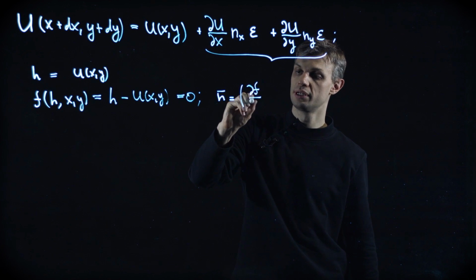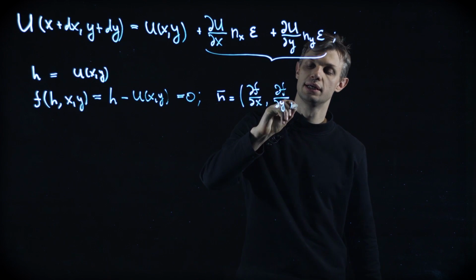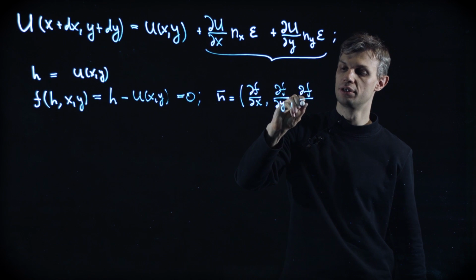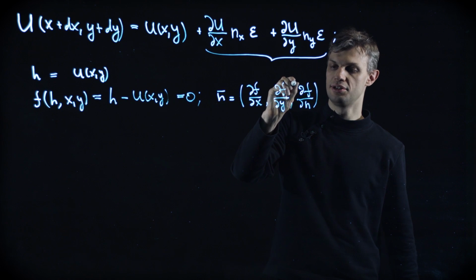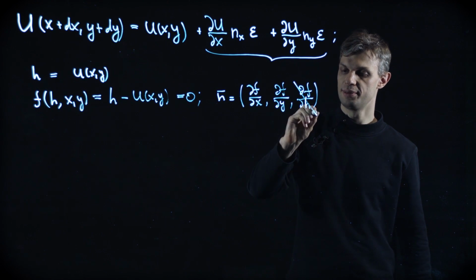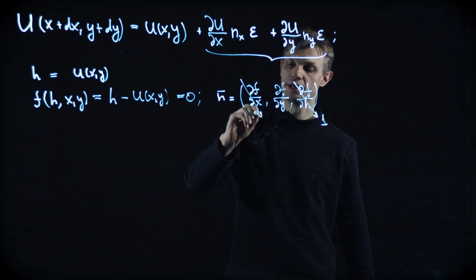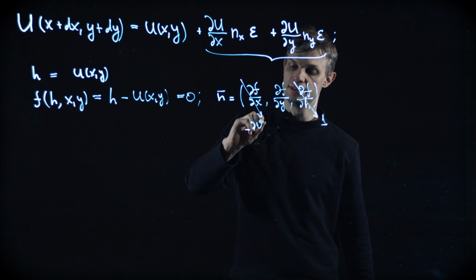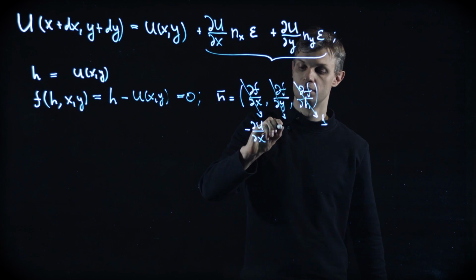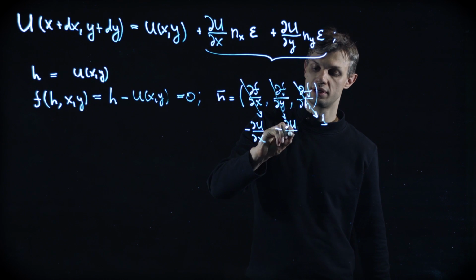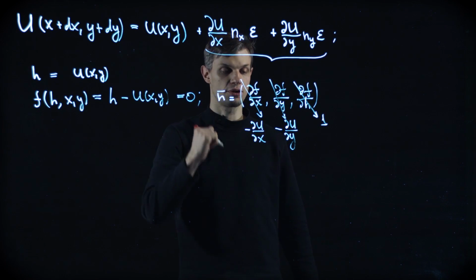df over dx, df over dy, and df over dh. Okay, so the last term is trivial, dh, sorry. The last term is trivial, it's simply 1. And these two are minus du over dx, and this is simply minus du over dy. And we are interested in the horizontal projection of the gradient function.